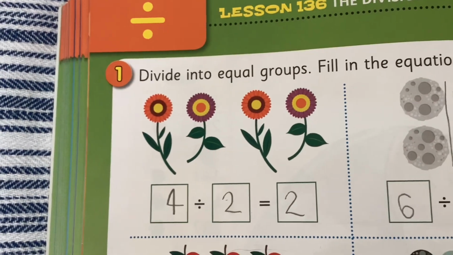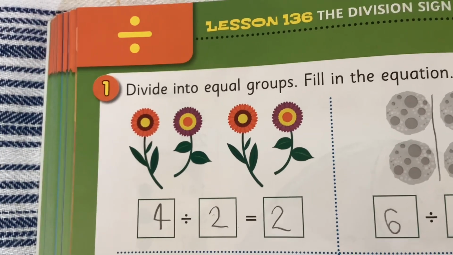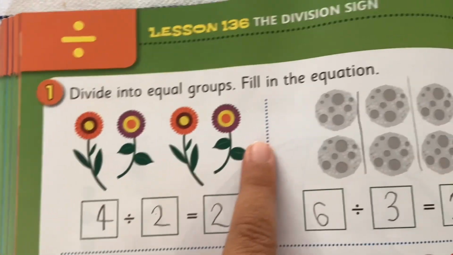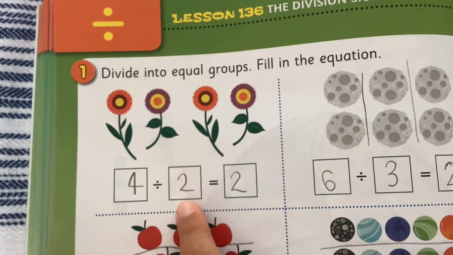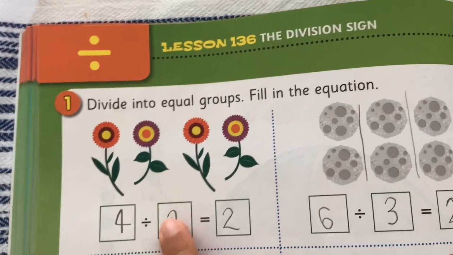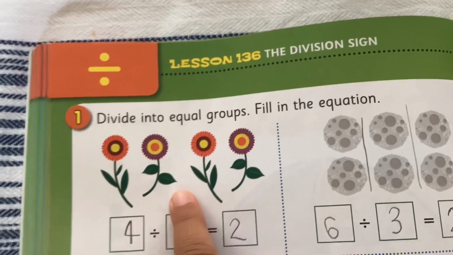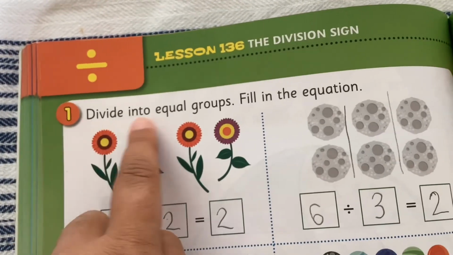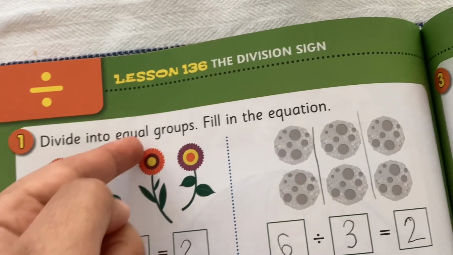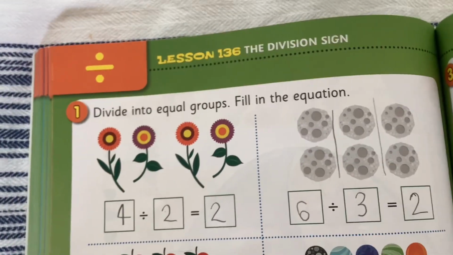First, I worked out how many flowers there are. There are 4 flowers in total. Then, I worked out how many groups of flowers there are. I worked out that there are 2 groups of flowers because of the space in between these flowers.